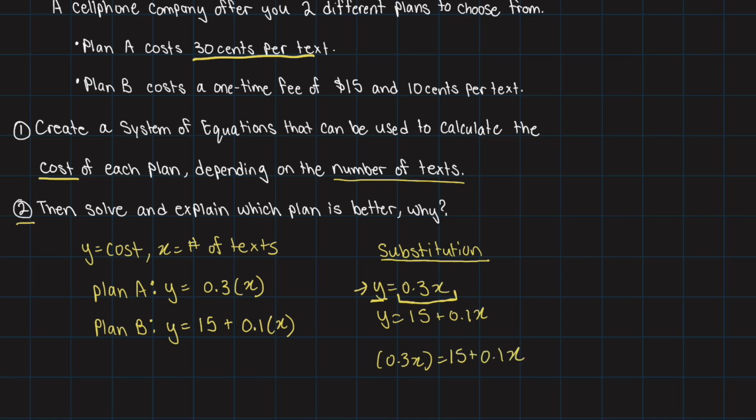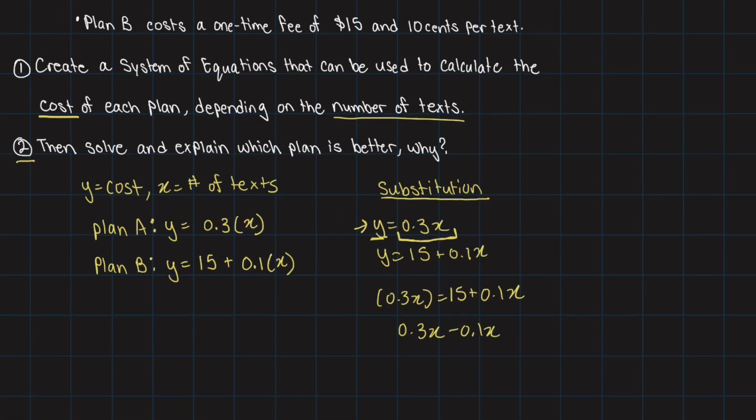And then I solve. I have 0.3x minus 0.1x, because I moved this to the other side, equals 15. 0.3 minus 0.1, 0.2x equals 15. Divide both sides by 0.2, and I get x equals 75. Okay? And then again, I'm not done yet, because now I need to solve for a value of y.